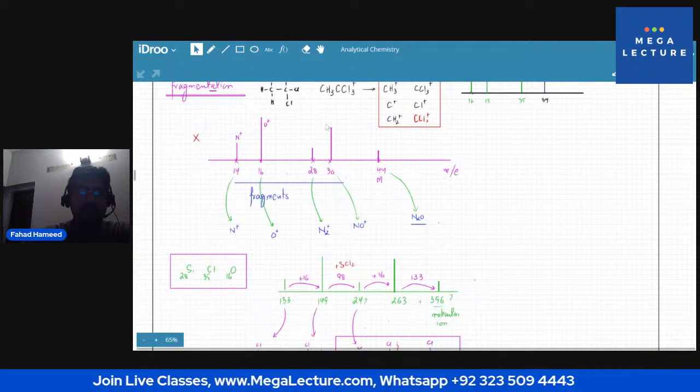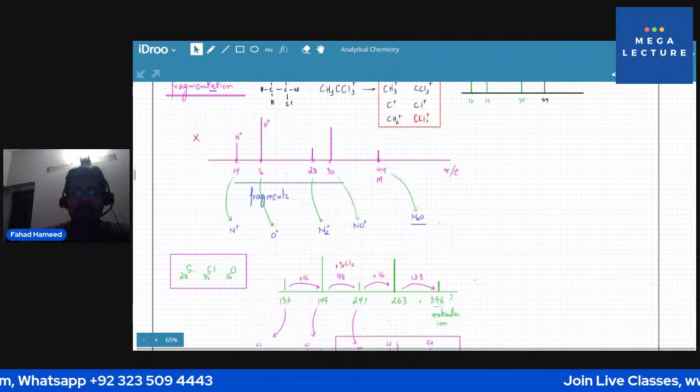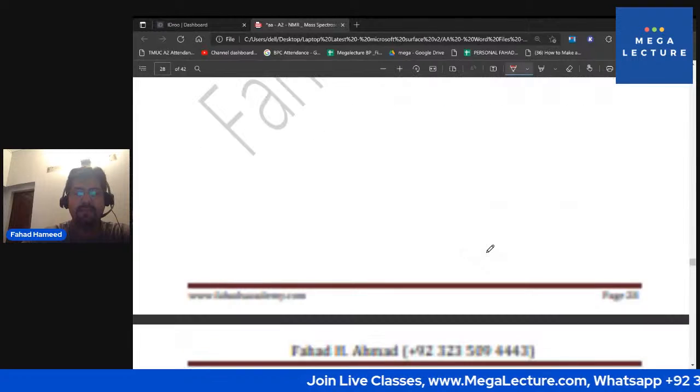So let's go back to the same sheet and have a quick go through some of the questions. Okay, NMR spectroscopy.